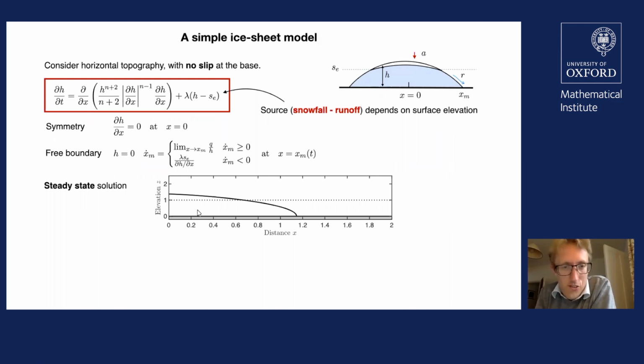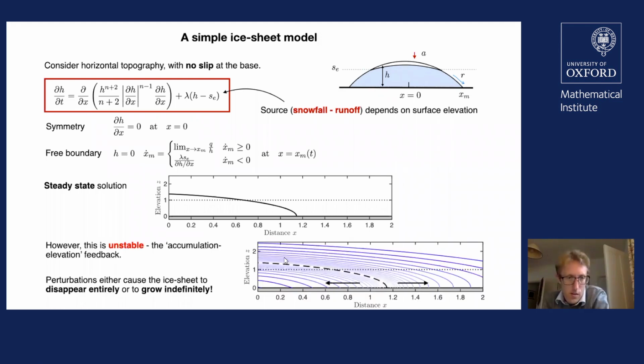If you shrink it a bit, it'll shrink. So this plot down here shows solutions over time, so the different blue lines are different snapshots of the solution at different times, having perturbed it from that steady state. And either it shrinks until there's nothing left, or it just keeps growing and growing and growing.